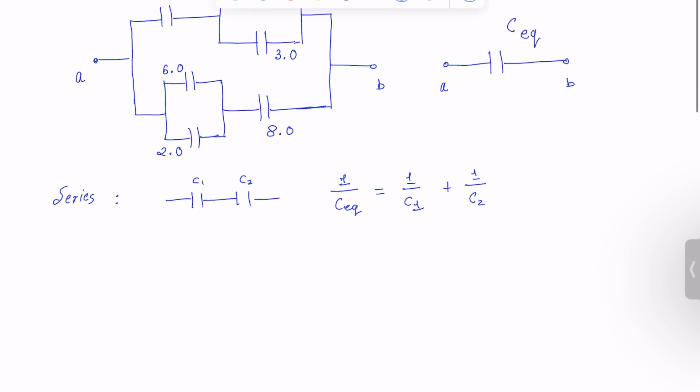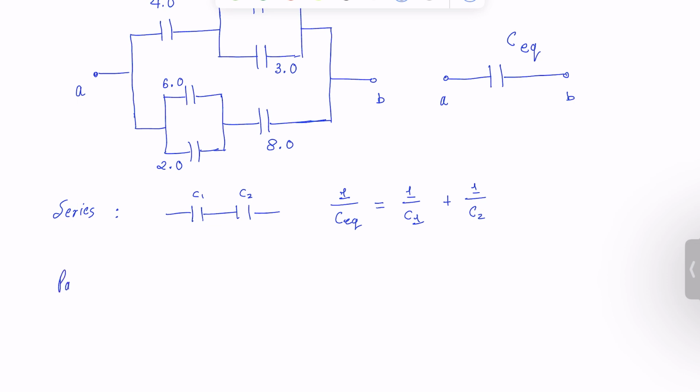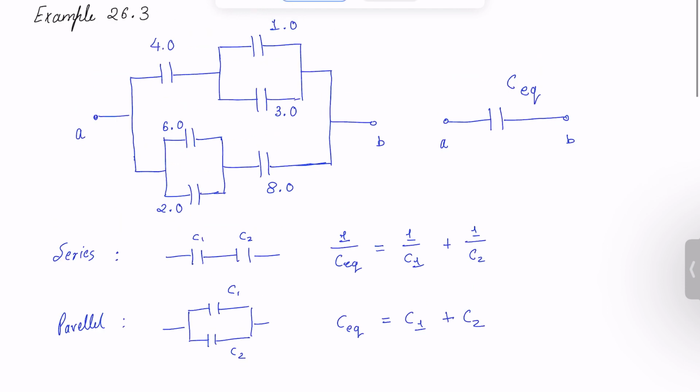And when you've got two or more capacitors in parallel like this, then C equivalent is given by C1 plus C2. So in parallel it's C1 plus C2, and in series it's 1 over C equivalent equals 1 over C1 plus 1 over C2, right? So let's look at this problem.